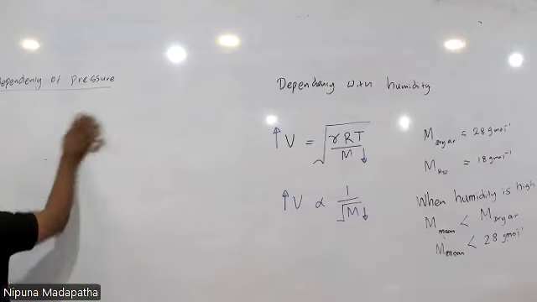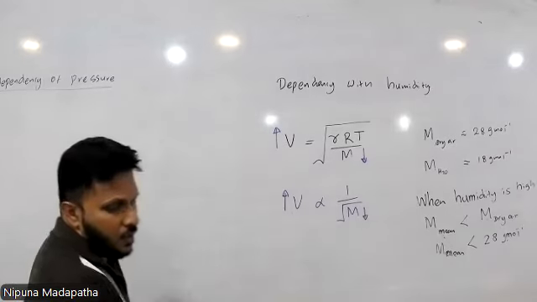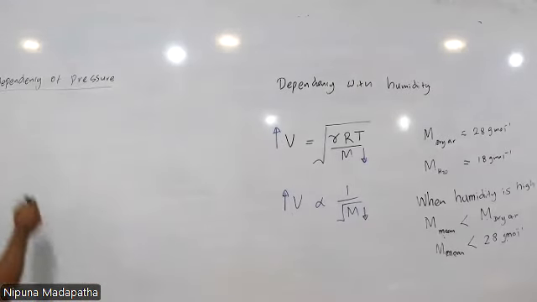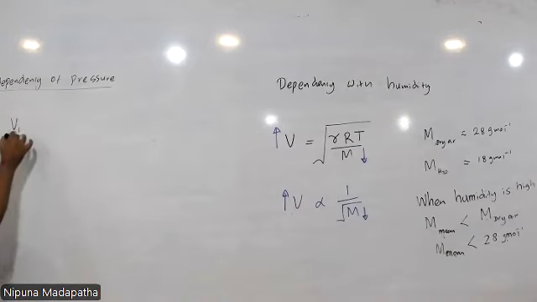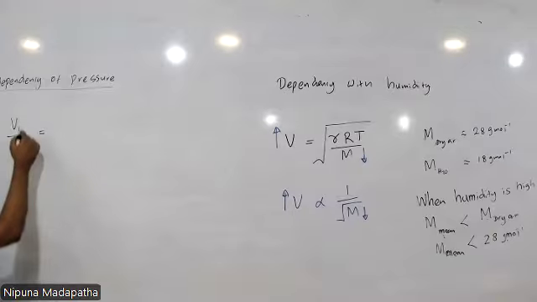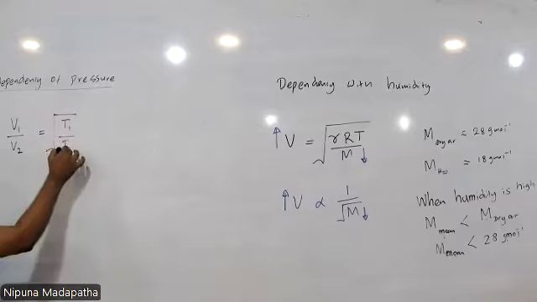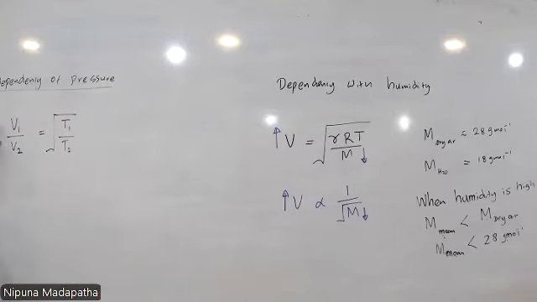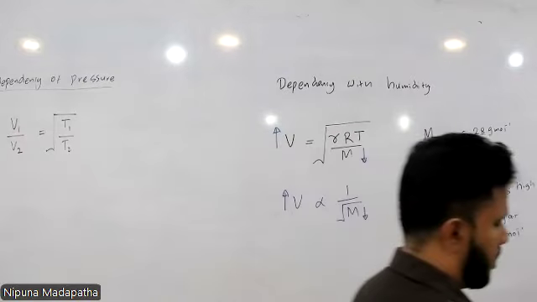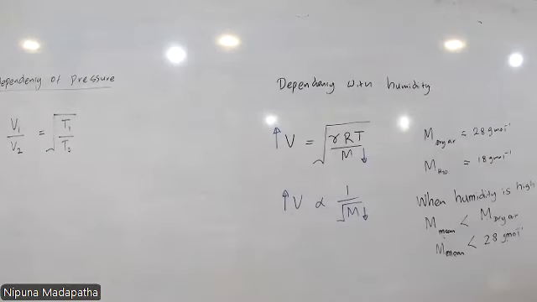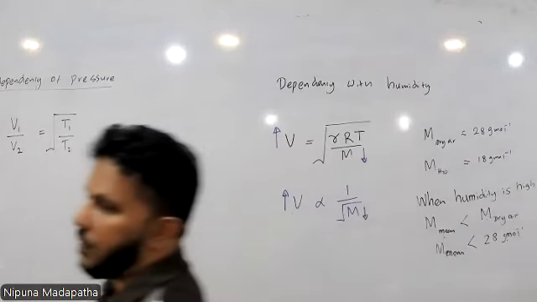So here you do not need to use this one. Earlier we took an expression, the relation between the speed of sound in air at two different temperatures. We can use this one. We have been given the temperatures and one speed. Use this equation.